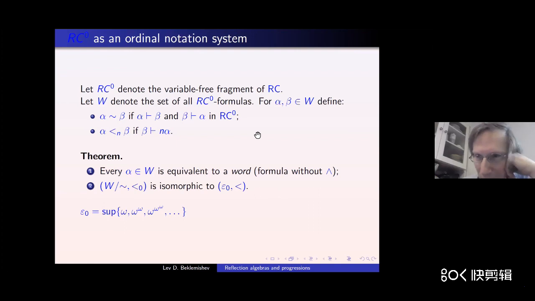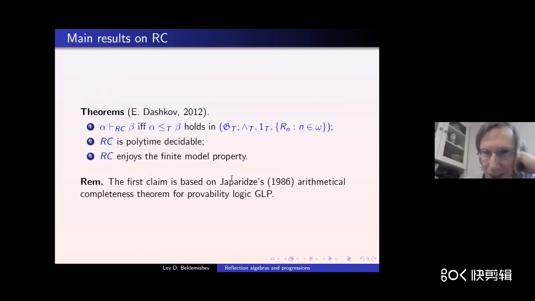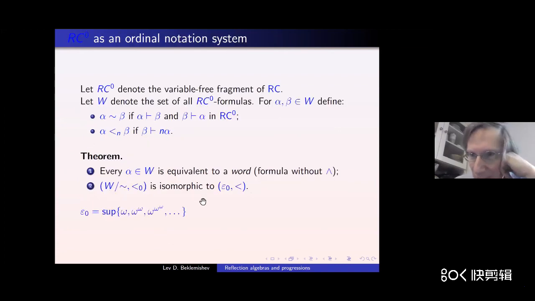It's a recursive well ordering. Why is it recursive? Because the system RC0 is decidable, polytime decidable. So the well ordering that we defined here by less than 0 is a polytime decidable well ordering on the set of words in the alphabet N. So that's the ordering we extracted from the structure of our algebra.